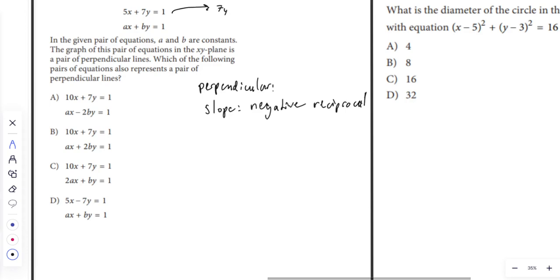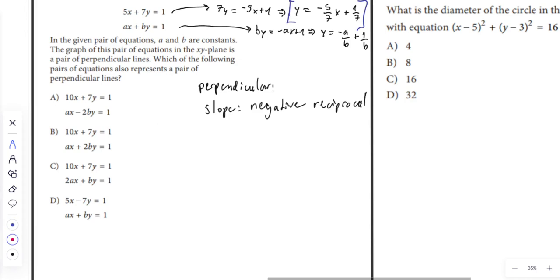That's going to be 7y is equal to negative 5x plus 1. Y equals negative 5 over 7x plus 1 over 7. Down here, we get by equals negative ax plus 1, or y equals negative a over b x plus 1 over b. So we have our two equations in y equals form. Makes it a little bit easier to deal with.